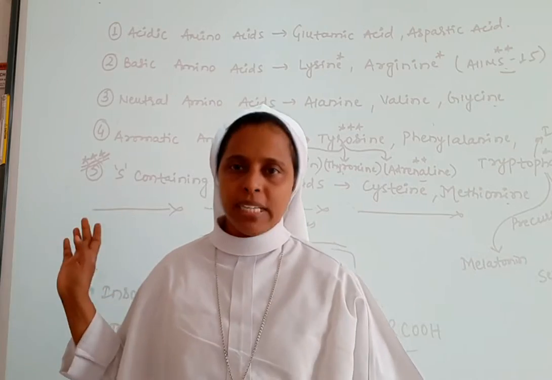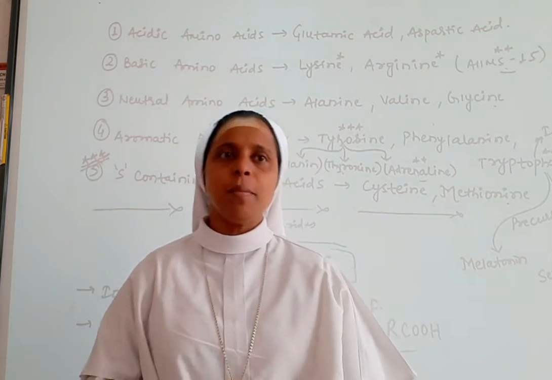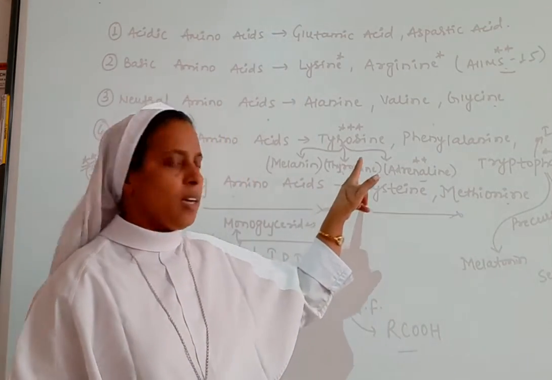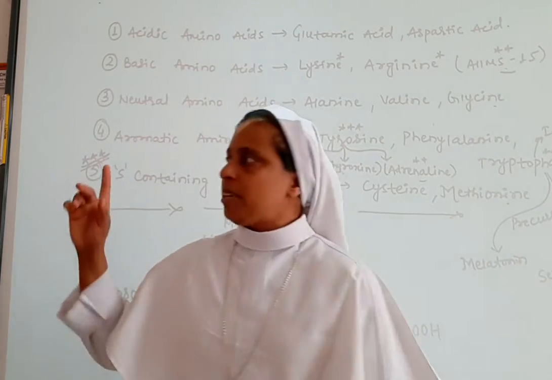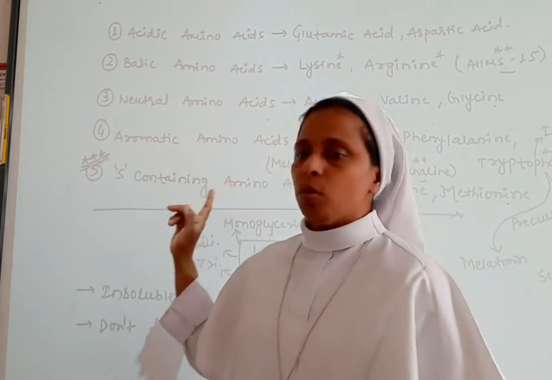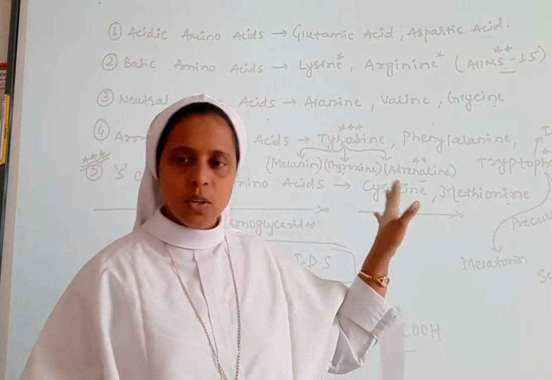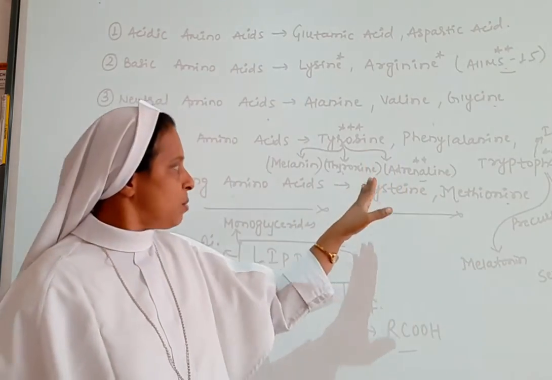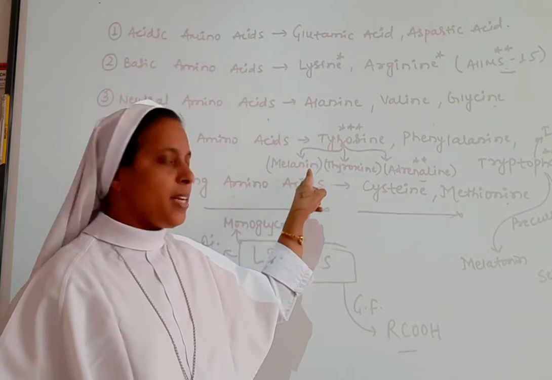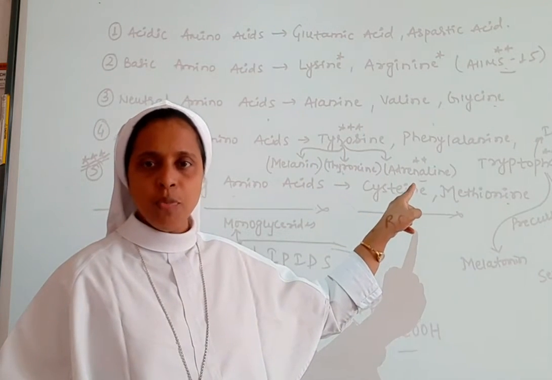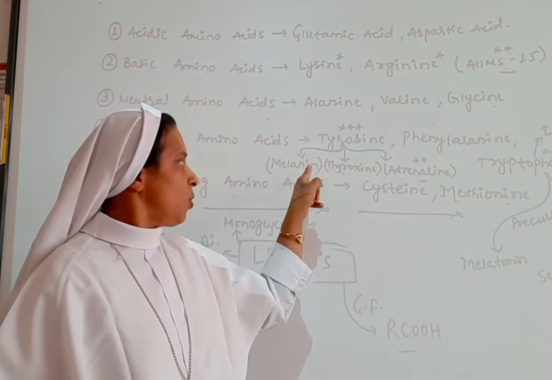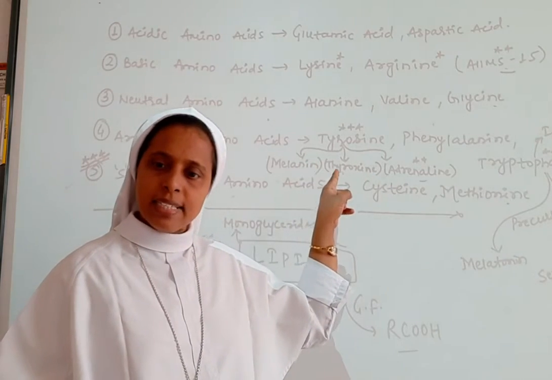Then we have aromatic amino acids. They are tyrosine and phenylalanine. From tyrosine, hormones are being synthesized. Melanin is being formed here, thyroxine is being formed here, adrenaline is being formed here.